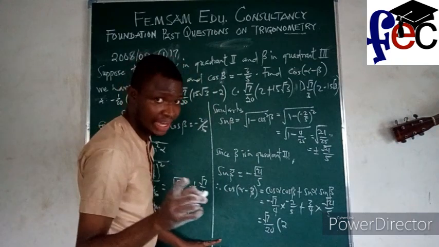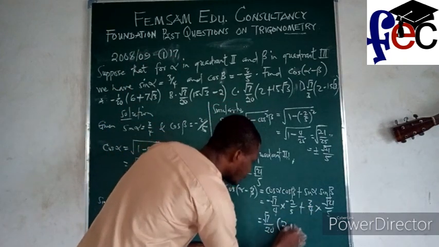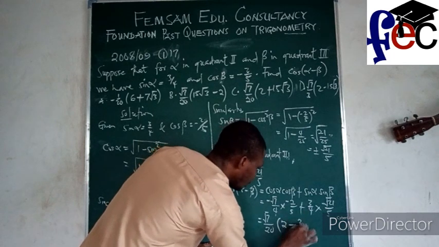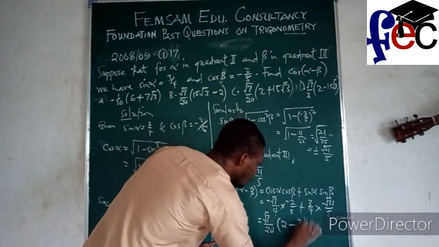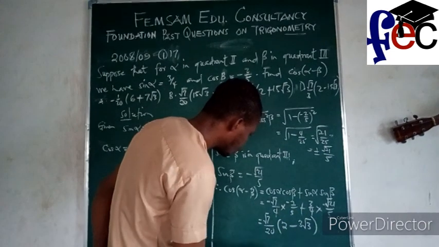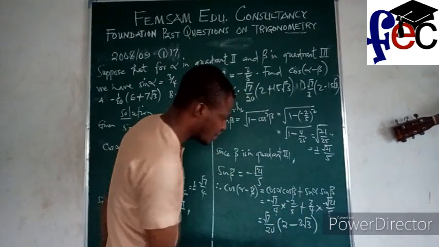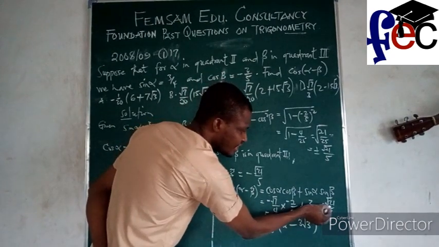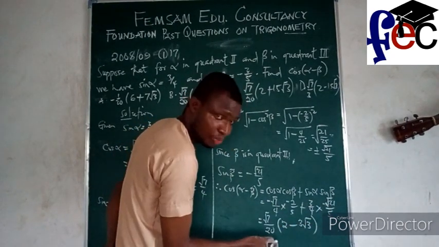Then I'll be left with minus 3, and this is going to be left with root 3, because I factored out. So I hope you got that. There is root 7 here. There's also root 7 inside this square root of 21. I hope you get that.